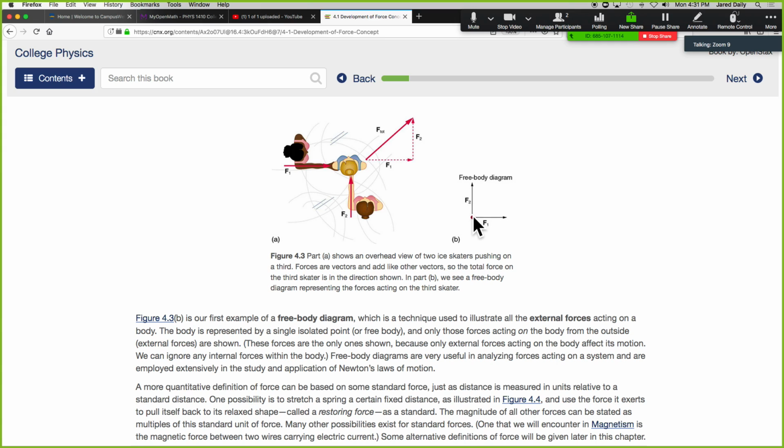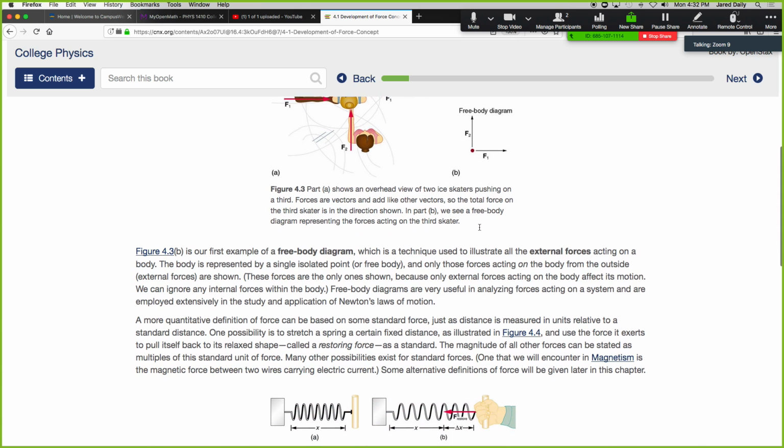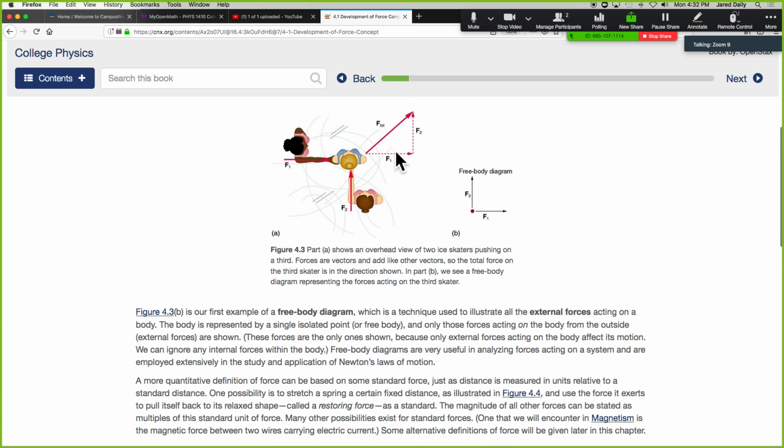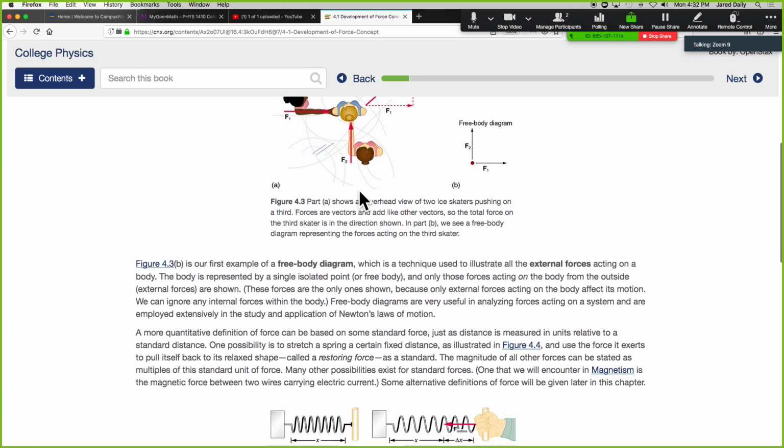So in this case, these two forces are about equal, so the lengths are about equal, but they're pointing in different directions. If force 1 was twice as big as force 2, then the vector representing it would be twice as long as force 2. We call this the free body diagram. We often call this a force diagram or just a drawing representation, whatever you want to call it.